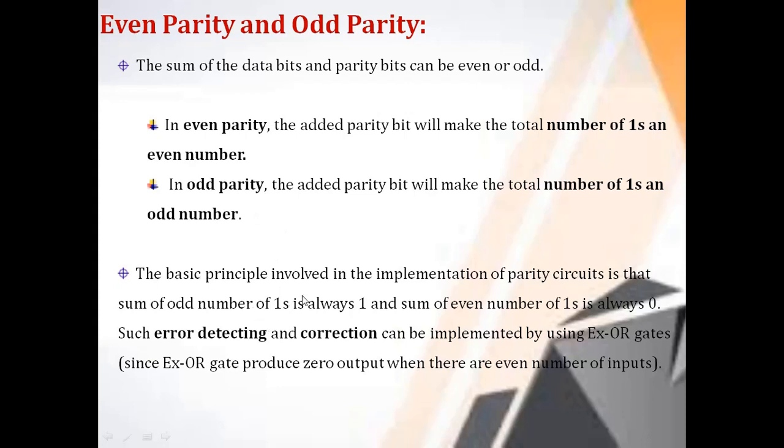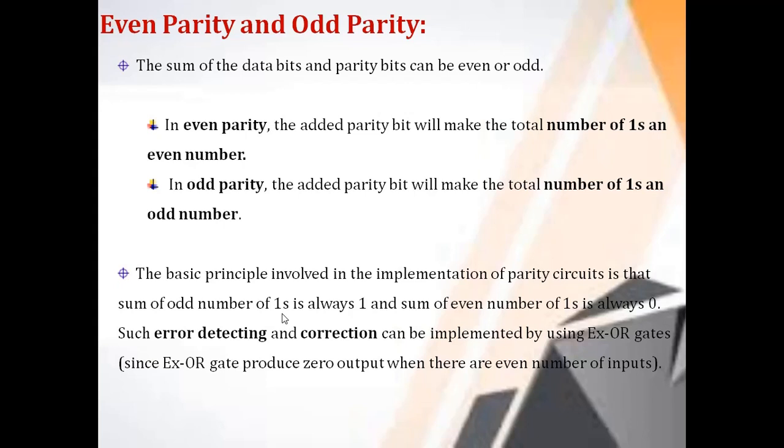The basic principle involved in the implementation of parity circuits is that the sum of an odd number of ones is always 1 and the sum of an even number of ones is always 0.